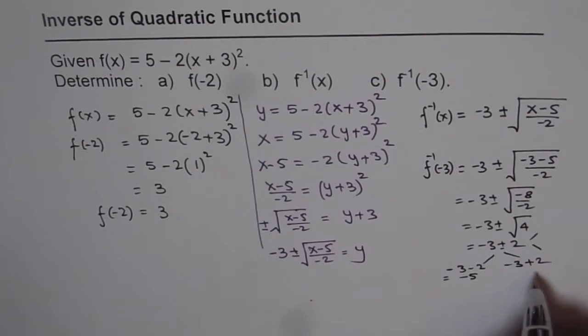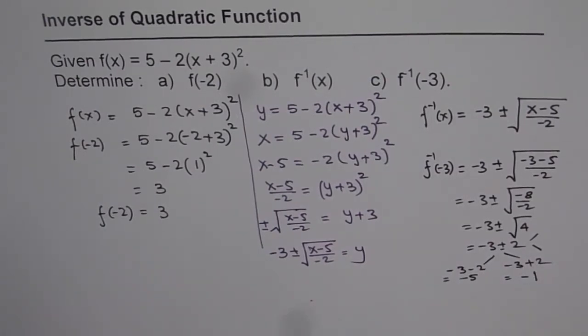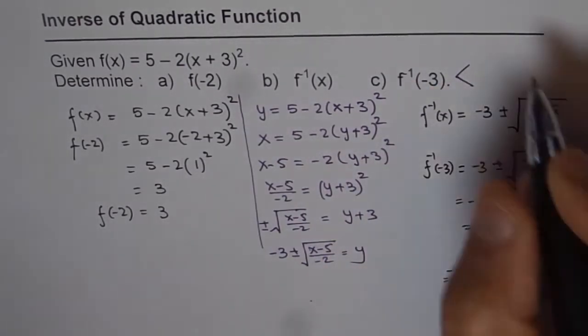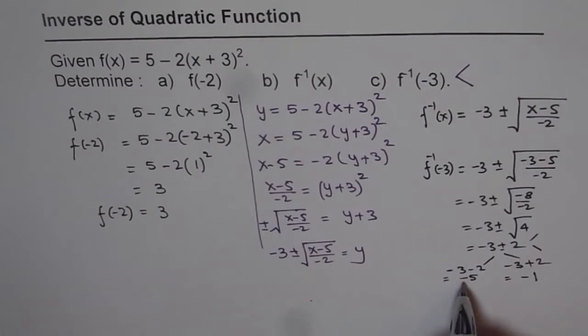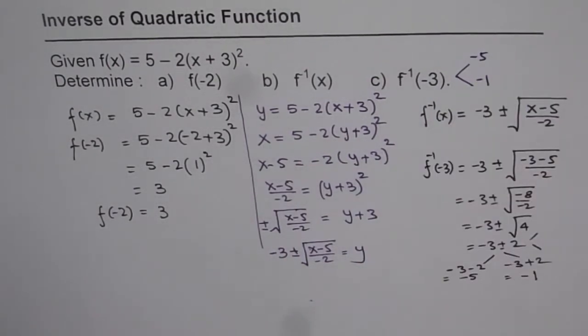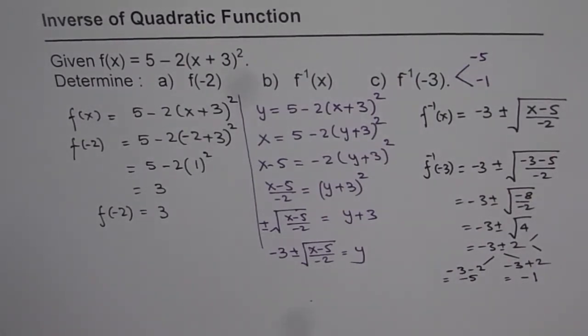The other one is minus 3 plus 2, which is minus 1. So we get two answers here. Therefore, the inverse is not a function. So we get f inverse of minus 3 is either minus 5 or minus 1. So we get two answers for part C. So the inverse of a quadratic function is actually not a function.